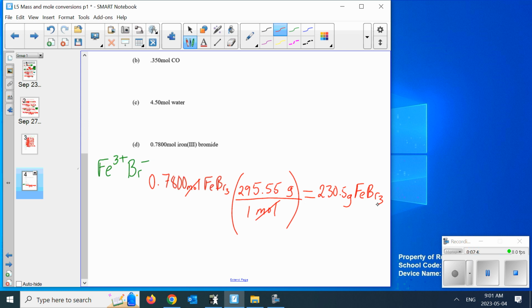FeBr3. But the really important thing is, you know how to decide when grams go on the top and moles go on the bottom, or vice versa? What you want to get rid of is the way I think. If moles are here, you want to get rid of them from the top. The grams is always the decimal number from the periodic table.